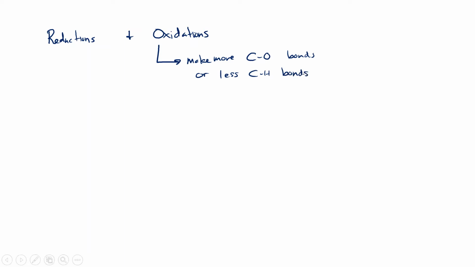So to oxidize a carbon, either we're losing hydrogens from carbon atoms or we're adding more bonds to oxygen. Reductions are, of course, the opposite of this. Reductions make more CH bonds or less CO bonds, or both. Many of these things will do both.